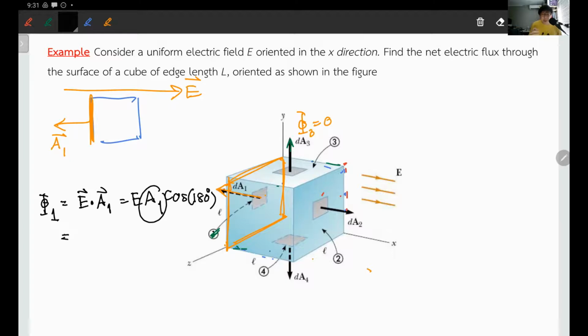Because A1 is just the area of that surface, it's the length times the width, so it's going to be E L squared. Cosine 180 is -1, so it's a negative E L squared. That is the flux going through surface number 1 on the left.